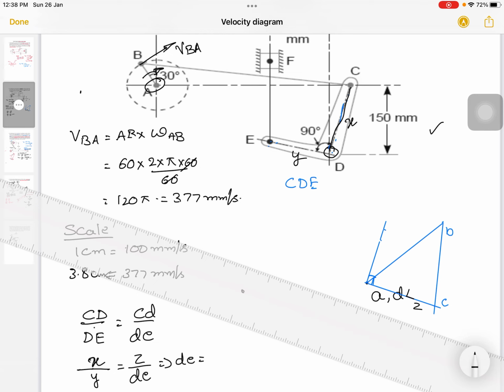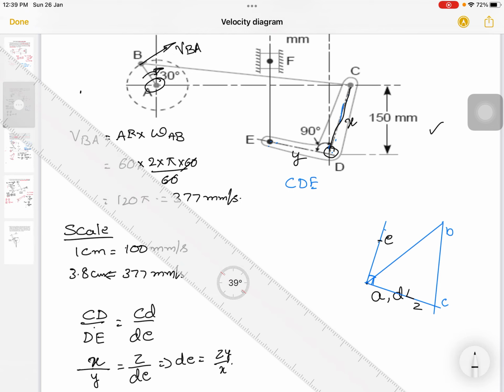DE will be ZY upon X. You can measure the Z, X and Y values from your drawing, and according to that find the DE distance. Based on your calculation you may get point E here.